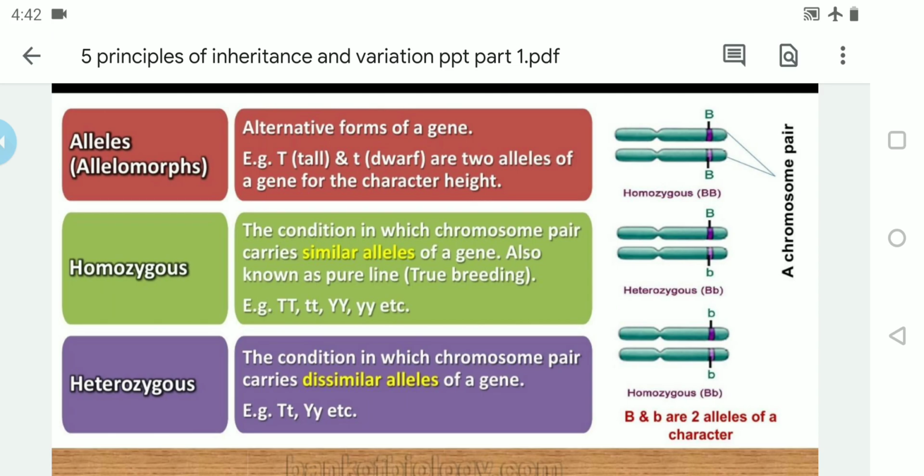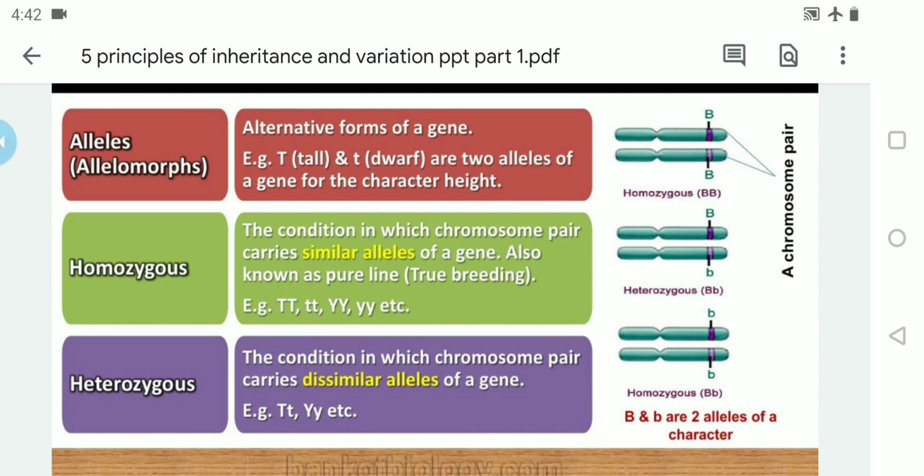The alternative forms of the genes are known as alleles. We can also say a pair of genes occupying the same locus on homologous chromosomes and controlling a single or a contrasting character is known as alleles. You may ask, sir, what is a locus? It is the position occupied by a gene on a chromosome.